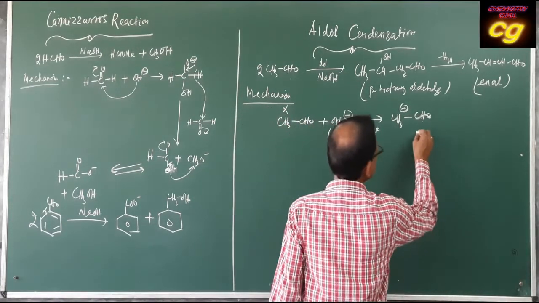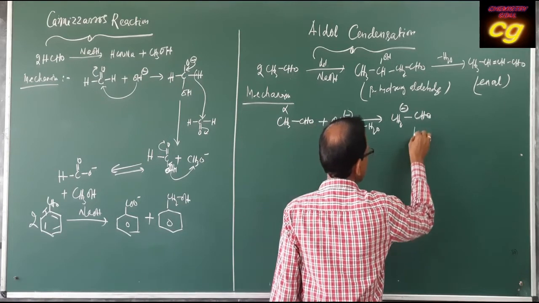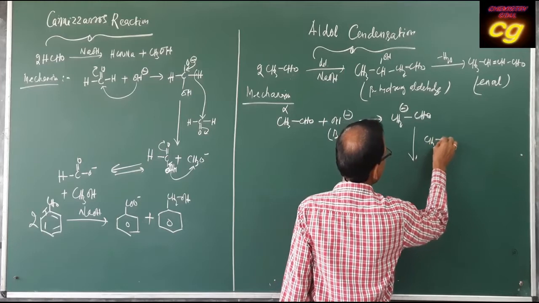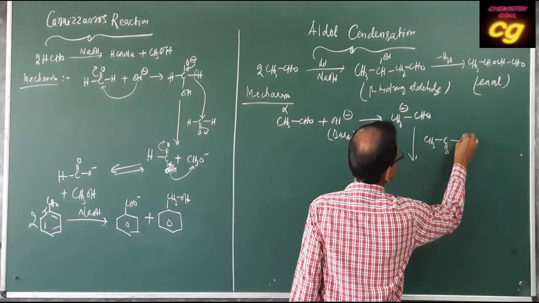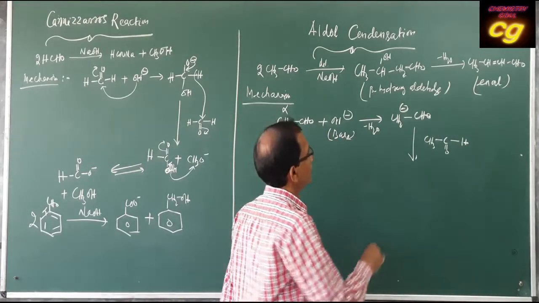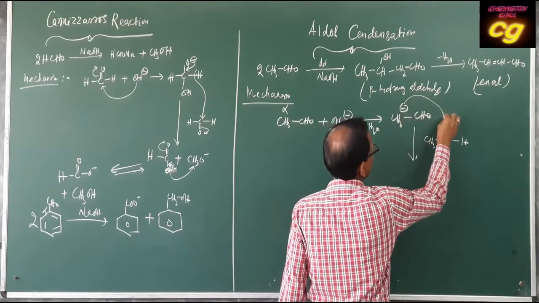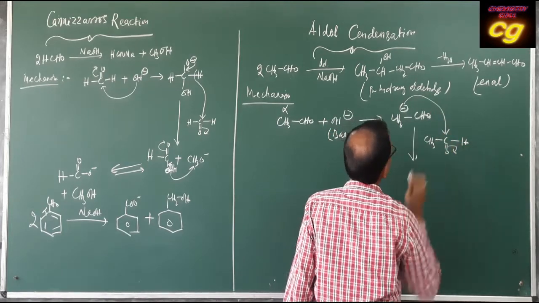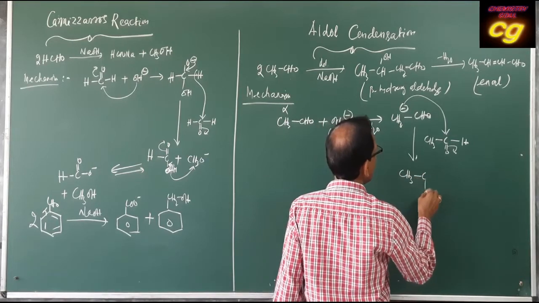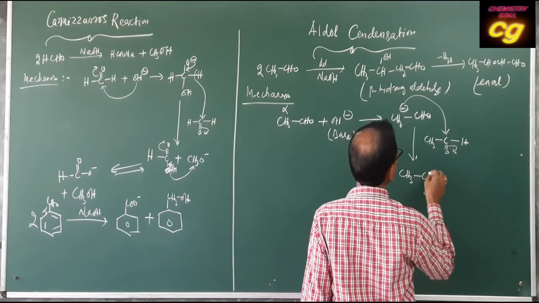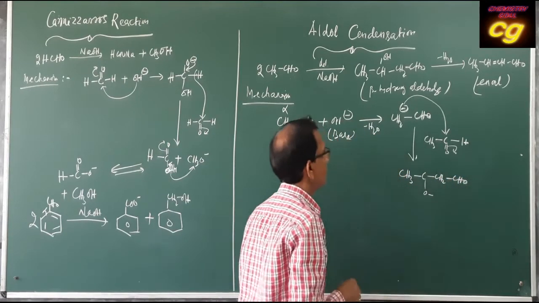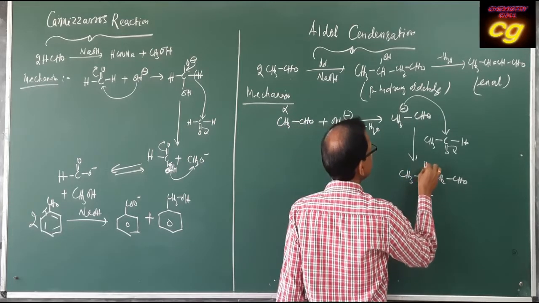This CH2 minus, what happens? It attacks another aldehyde, which has a partially positive carbon center. So this will attack this position. The result is CH3 CO minus, then CH2 CHO, where hydrogen is already there.